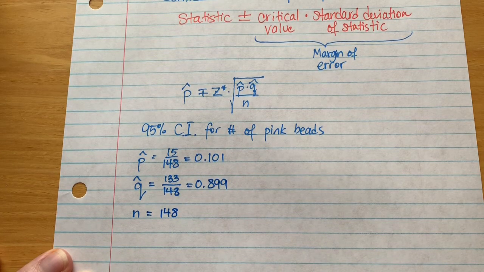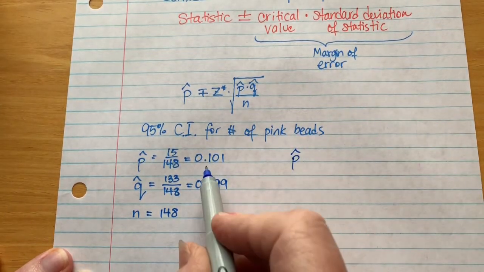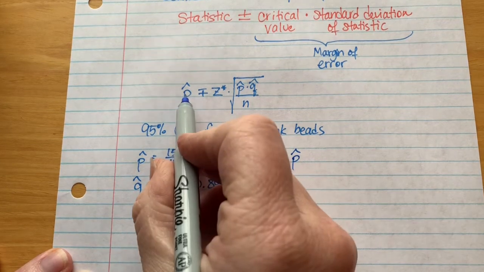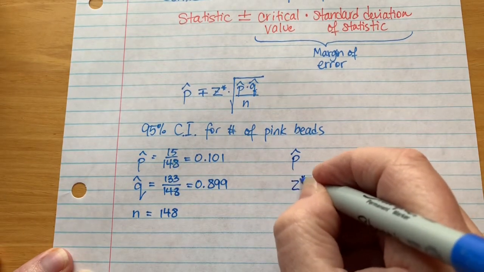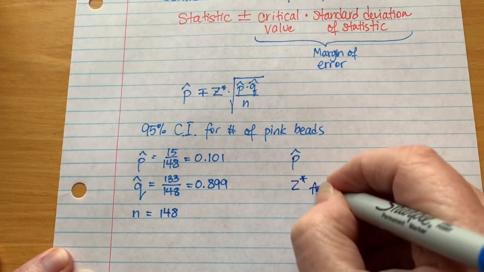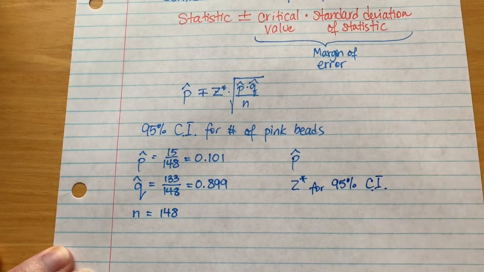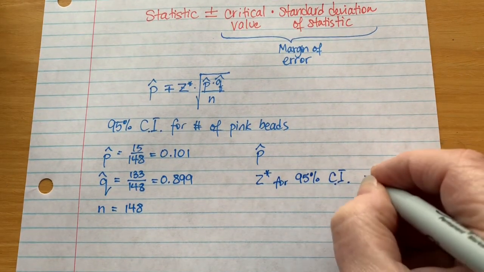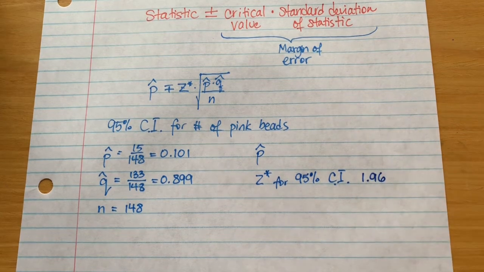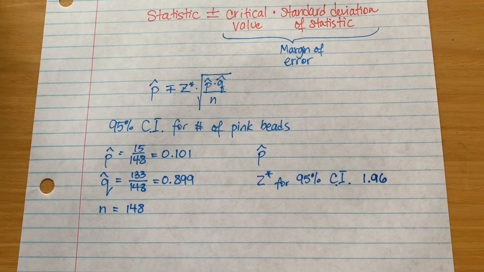Okay, and then from that, we built our p hat, that's what we would need here, and I would need my critical value z. Please remind me what would be a critical value z for a 95% confidence interval. If you think that it should be somewhere around 2, you are pretty right. It should be 1.96. So now that I have all this, I can go ahead and calculate my confidence interval.